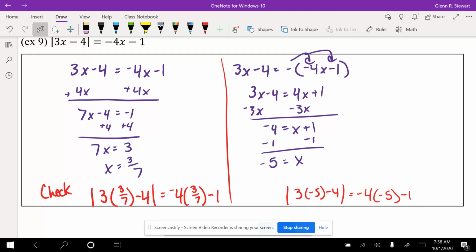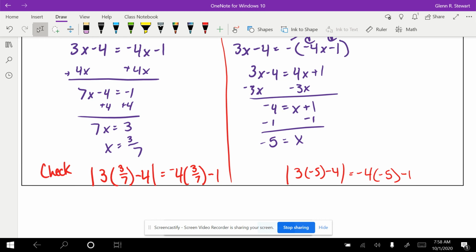I mean, if you've gotten that far, you're doing pretty well. Here's where it gets to the check, and this is honestly one of the easiest ways to do this: do the side without the absolute value first. Because if you get a negative number on that side, it doesn't work. It would be an extraneous solution.